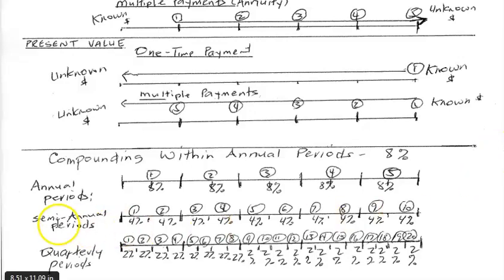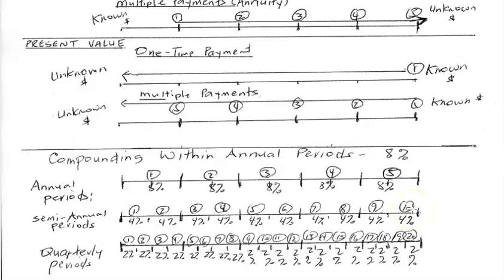Okay. What about if it compounds semi-annually? Well, on that same 5-year period, we've got to break the periods down into 6 months. So since we've got 2 semi-annual periods in every year, it's going to be what? 2 times 5.